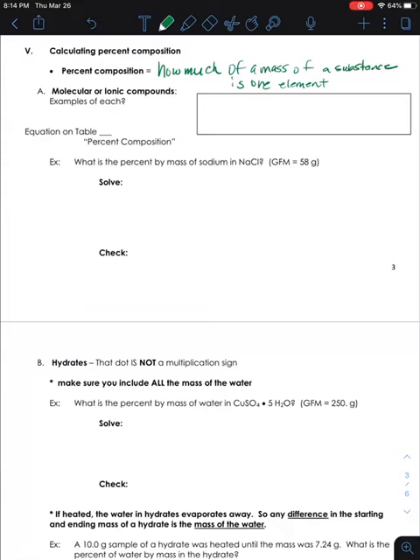We do this mostly for molecular or ionic compounds, or in some cases you might see it as calculating the percent composition of water of a hydrate.